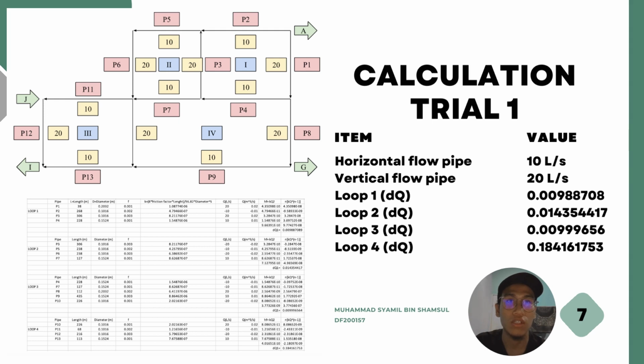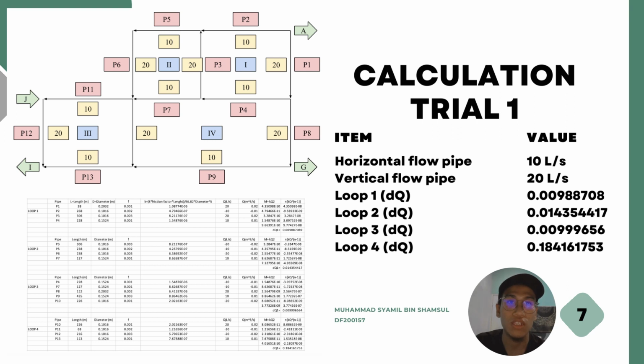Today I will present about the calculation for this project. For trial 1, the horizontal flow pipe value is 10 liters per second. The vertical flow pipe is 20 liters per second. So we get loop 1, the value of dq is 0.009888708. For loop 2, the value of dq is 0.01435417.